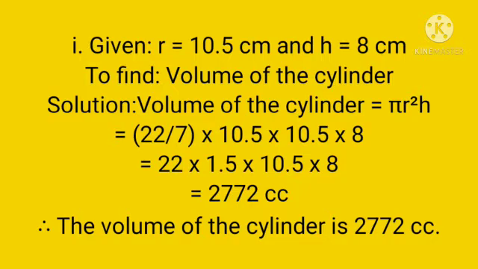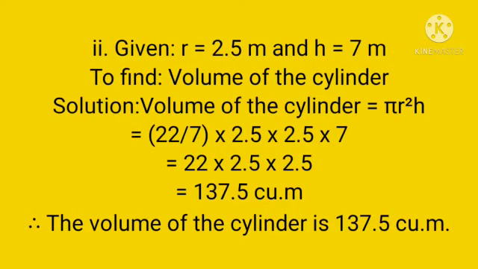Therefore, volume of the cylinder is equal to 22 upon 7 multiplied by 10.5 multiplied by 10.5 multiplied by 8, which is equal to 22 multiplied by 1.5 multiplied by 10.5 multiplied by 8, which is equal to 2772 cubic centimeter. Therefore, volume of the cylinder is 2772 cubic centimeter.